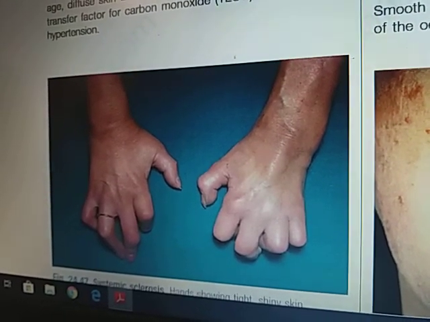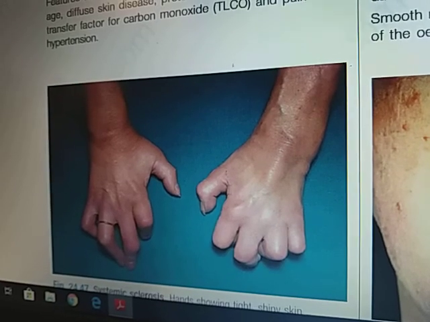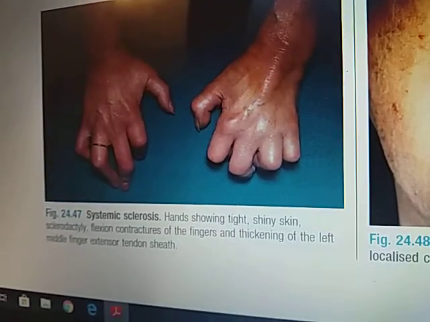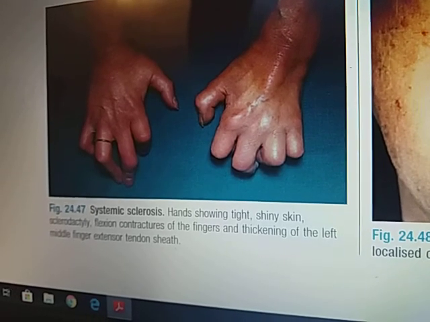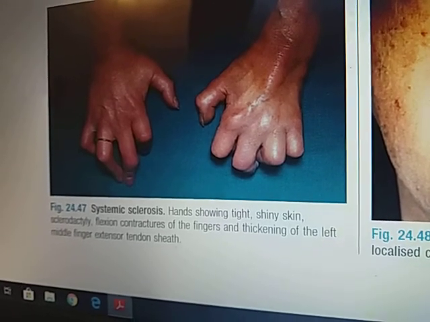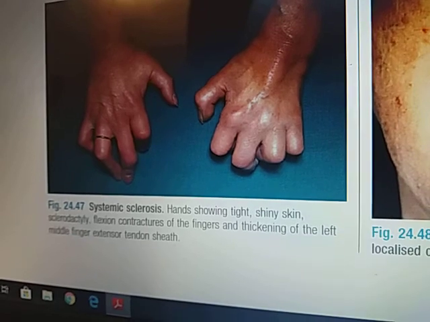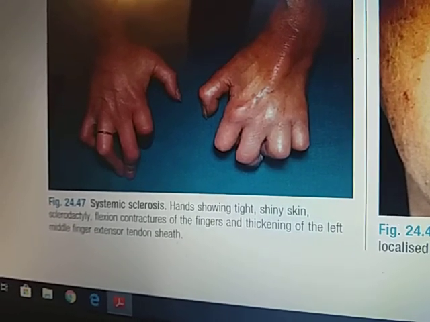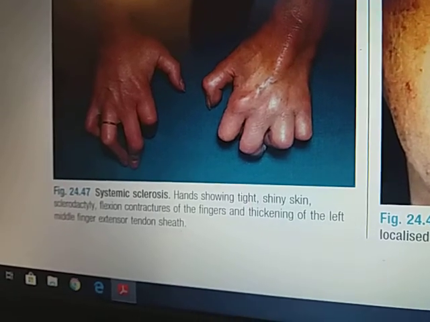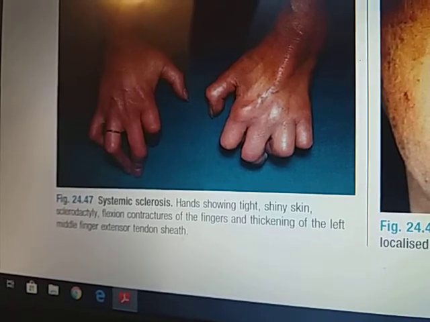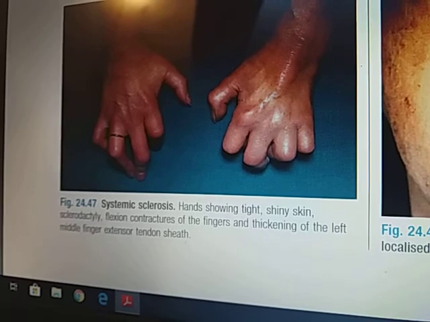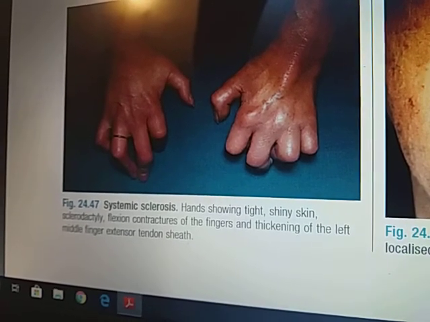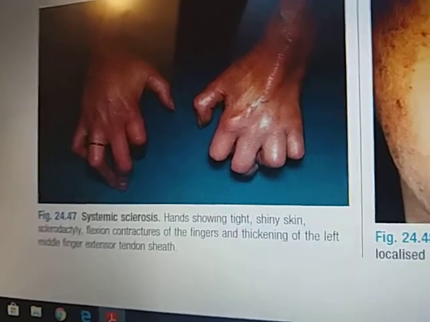Treatment of systemic sclerosis. First line is skin care. For scleroderma, renal crisis is considered to be a medical emergency.